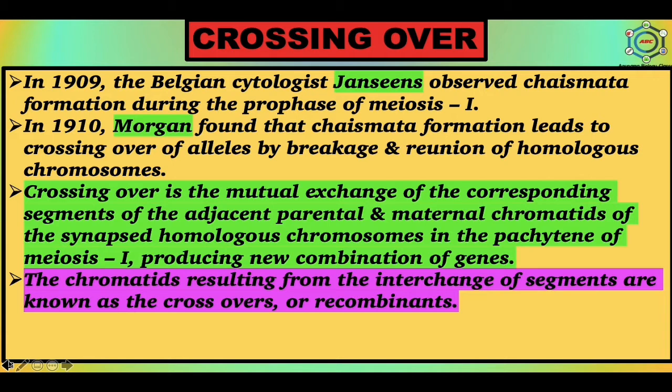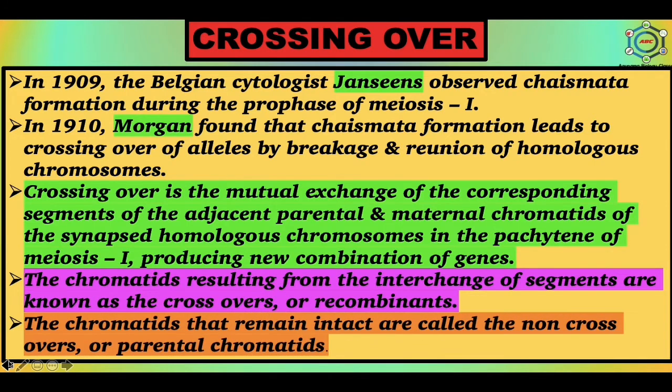The chromatids resulting from the interchange of segments are known as crossovers or recombinants. The chromatids that remain intact are called the non-crossover or parental chromatids.